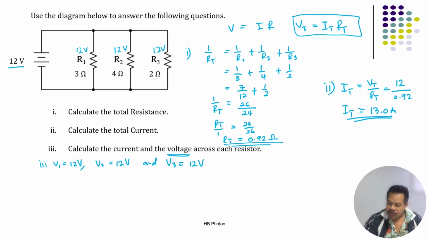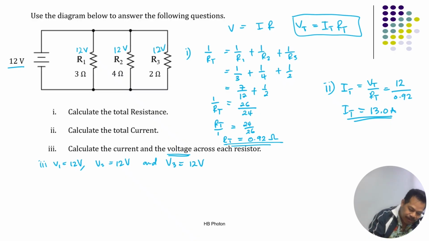We know 13.0 ampere is the total current in this parallel circuit. So this 13.0 ampere is shared among R1, R2, and R3, resistor 1, resistor 2, and resistor 3. The share for each depends on the resistance.